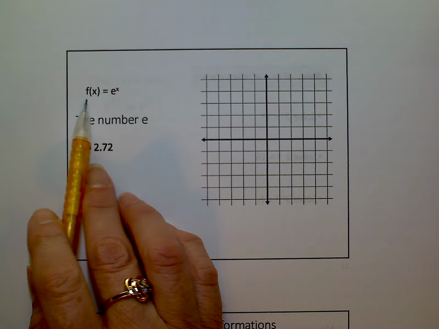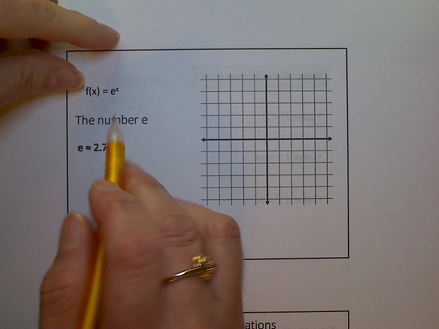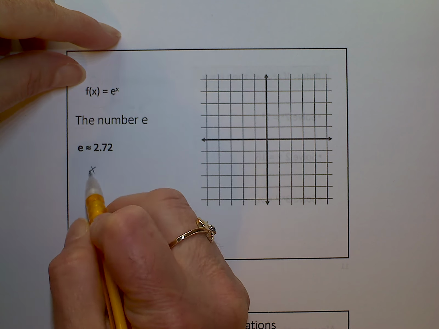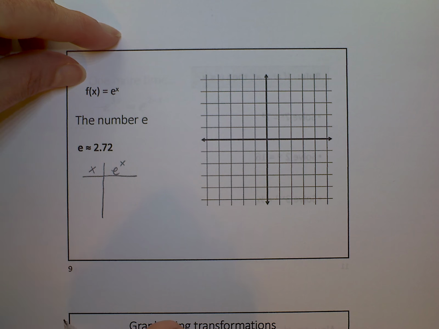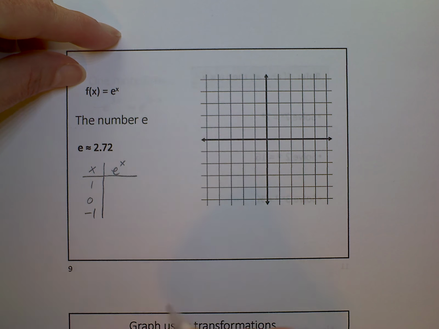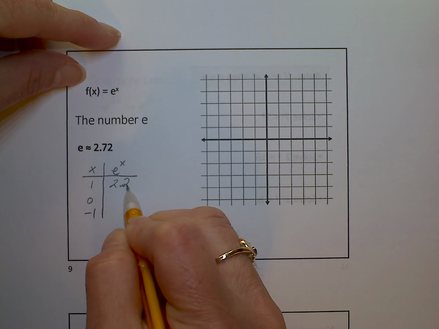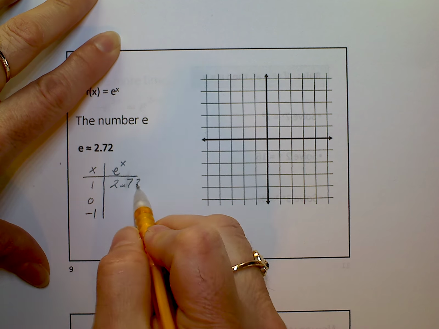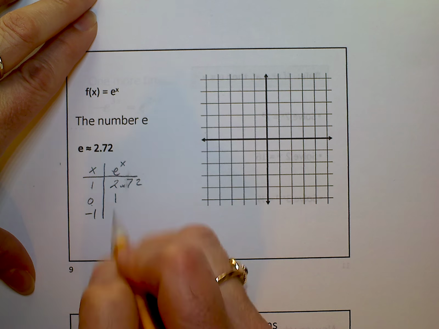We are going to graph our function y equals e to the x. So our base is e, which is about 2.72. So when I do my 3 special points with e to the x, same thing's going to happen. I'm going to put in those same 3 points. So if I have e to the first, I get e. If I take e to the 0, anything to the 0 is 1.